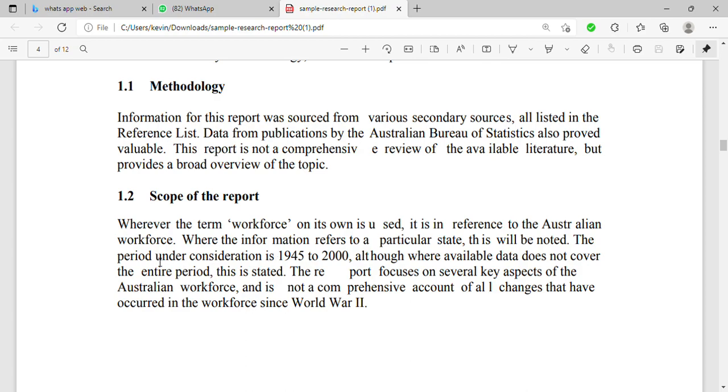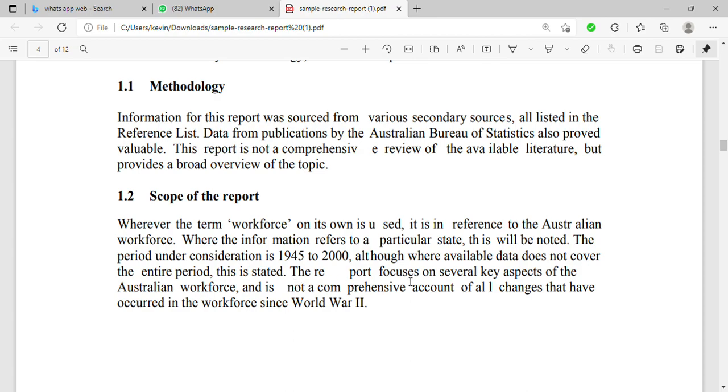And they told us where the term workforce is used on its own, it will be meaning the Australian workforce. So the geographical scope is Australia, then the time scope is 1945 to 2000. Although where available data does not cover the entire period, this is stated.